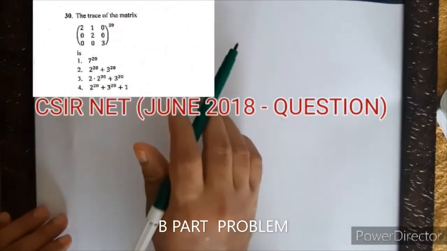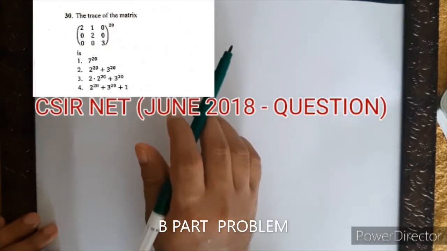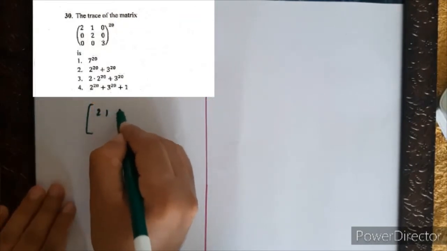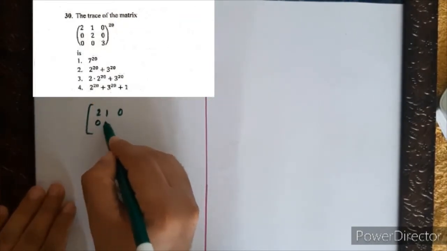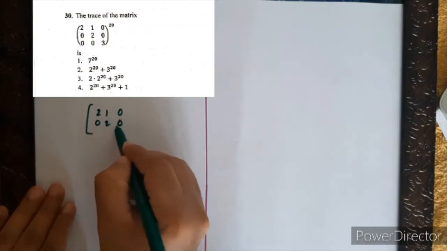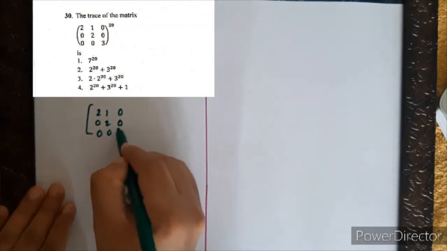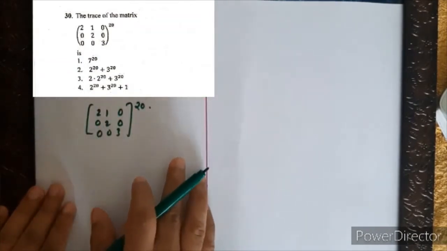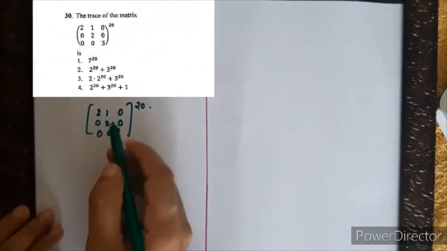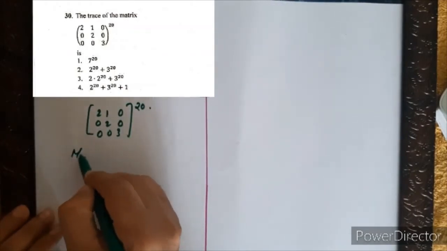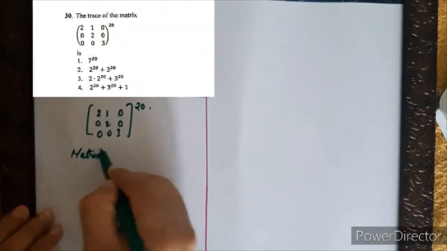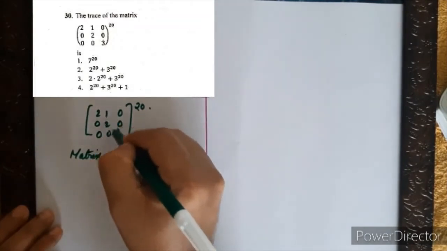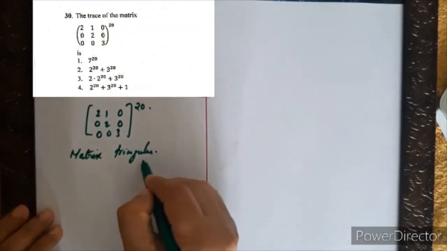The question is: find the trace of the matrix, where the matrix is given as 2 1 0, 0 2 0, 0 0 3, all raised to 20. So we want to find out the trace of this matrix. Here the matrix is triangular, because this is an upper triangular matrix.